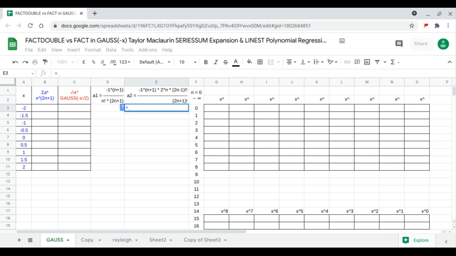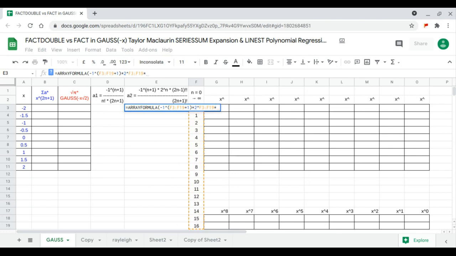And we continue. This will be our formula, minus 1 raised to the power n plus 1. So this is the value of n plus 1. And we'll copy the value of n because we're using that very often. And the second part, times 2 raised to the power n.